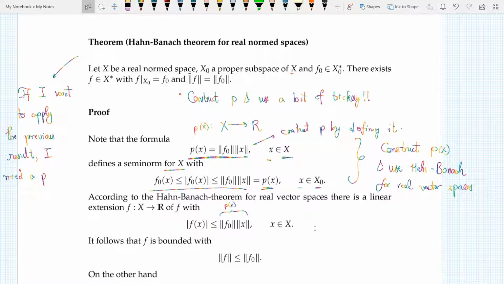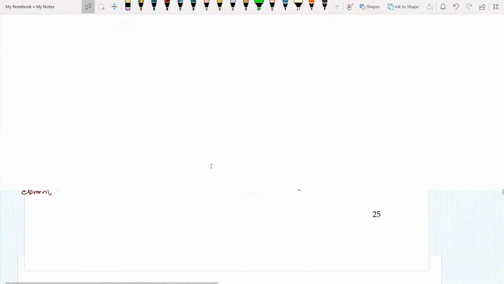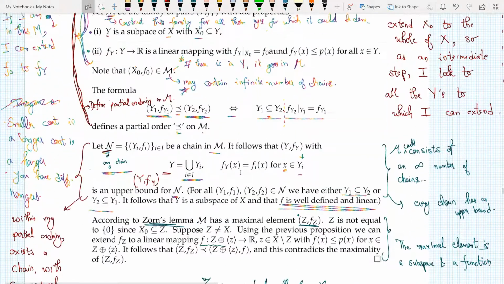So now I have this condition from the Hahn-Banach theorem for real vector spaces that this is always less than P of X, which is equal to the norm of F0 times the norm of X. This is given. I have seen this condition a million times before, that F0 of X is less than or equal to the norm of F0 times the norm of X. But now the interesting thing is, by giving this construction, I have defined a P for my norm spaces.